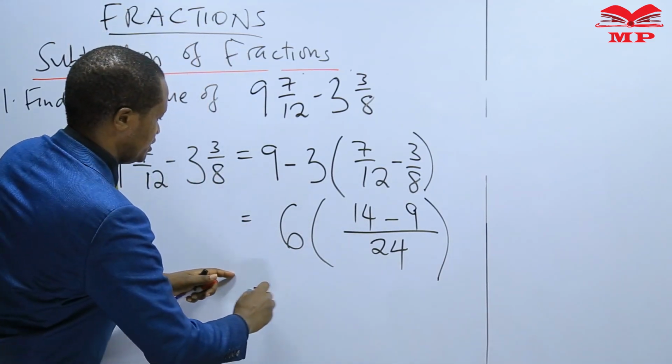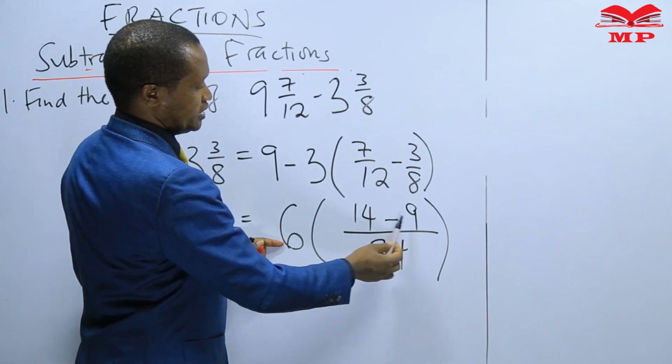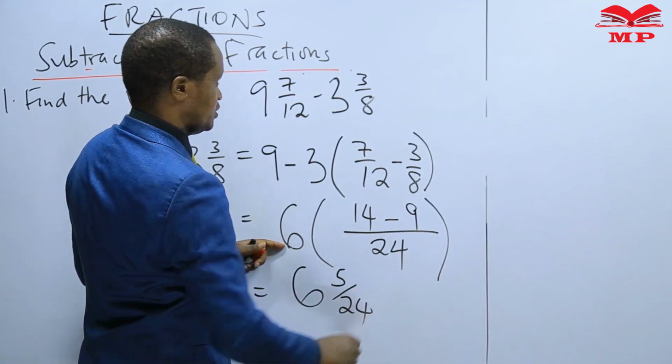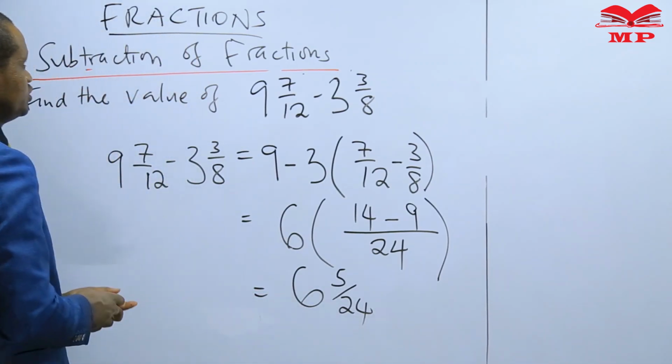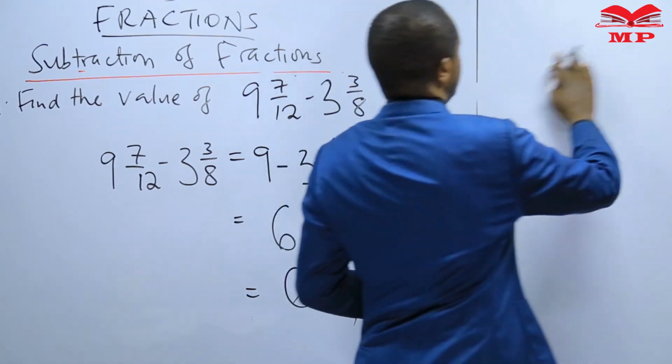So the answer here is 6, 14 minus 9 is 5 over 24. 6 and 5 over 24.